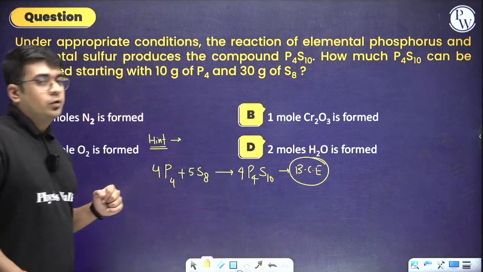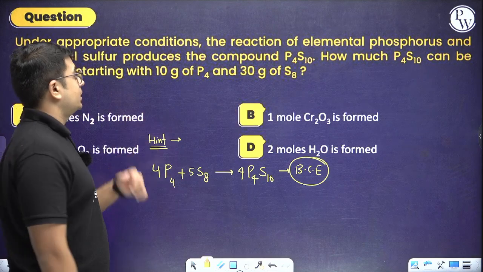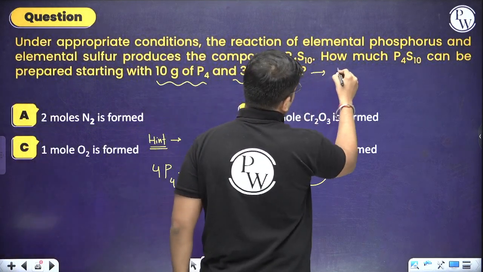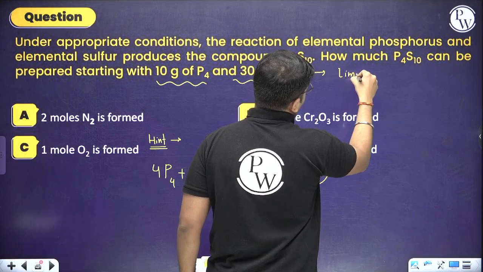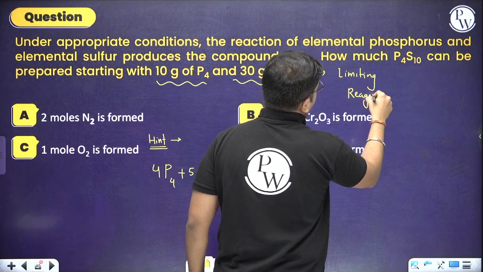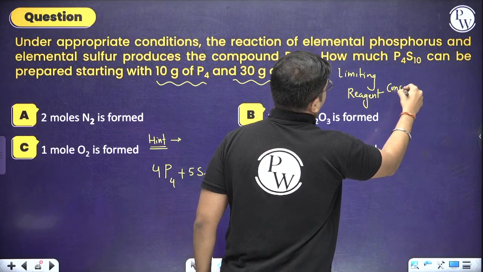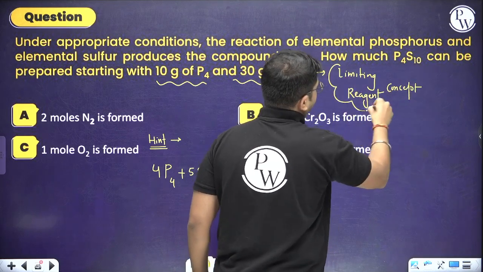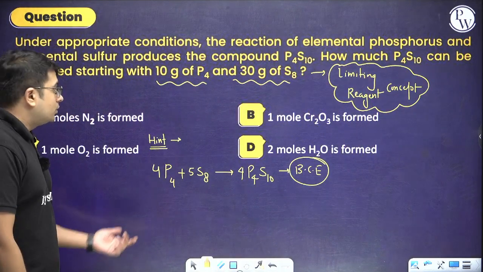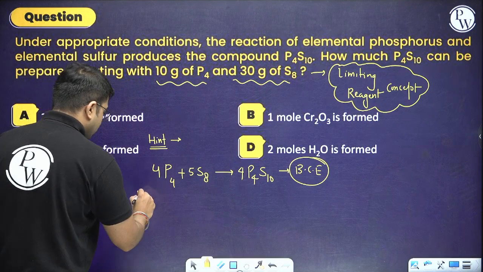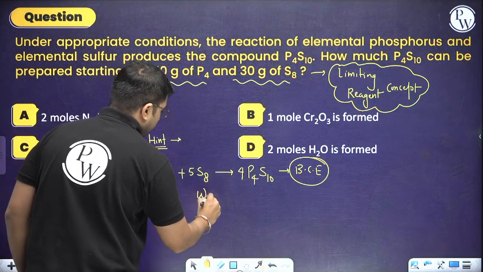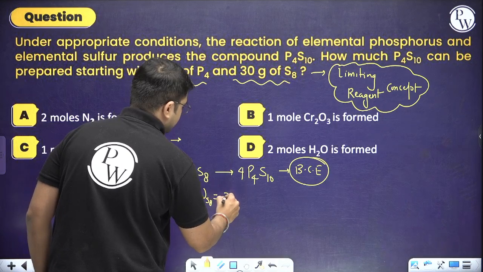Now, is this question from limiting reagent? Yes, because the data of both the reactants is given. It means the question is from limiting reagent. You have to use the limiting reagent concept for this question. What can you do? W of P4 is given, which is 10, W of S8 is given, which is 30.